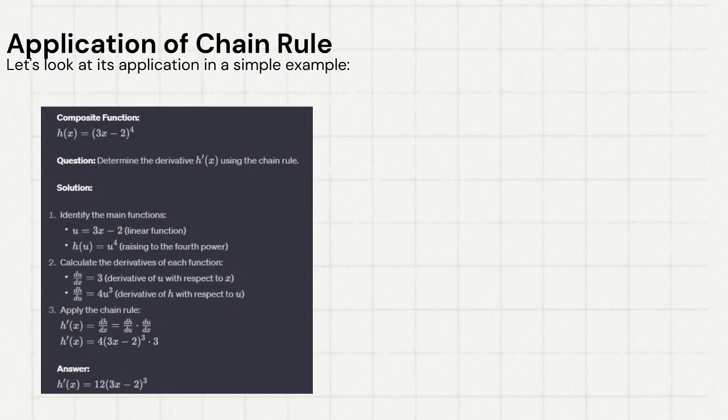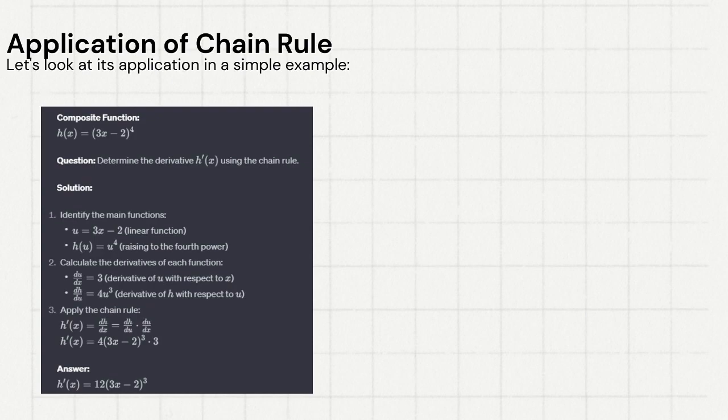We go to example number 3. The composite function is h(x) equals (3x minus 2) to the power of 4. The question is, determine the derivative h'(x) using the chain rule. The solution is, first identify the main function: u equals 3x minus 2 and h(u) equals u to the power of 4. And then we calculate the derivatives of each function. du/dx equals 3 and dh/du equals 4u to the power of 3.